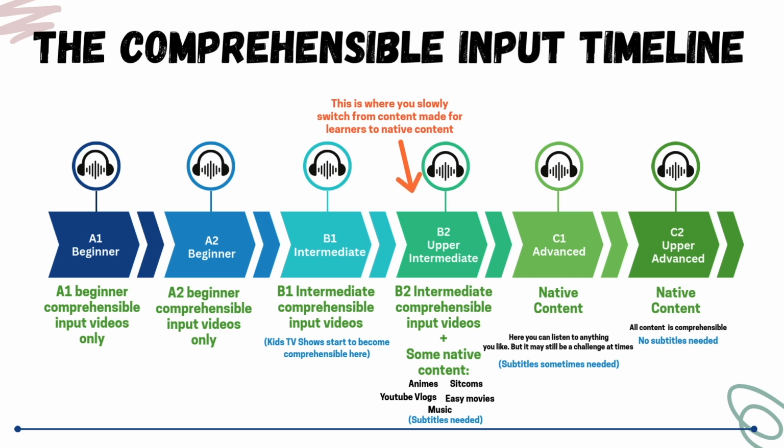Movies and TV shows are probably best to watch when you are around B2, upper intermediate level. I would say even if you are a B1 intermediate, it's probably still a bit early to be trying to watch movies. I think that you will only reach this 80% mark with a movie probably at the B2 or even C1 advanced levels.